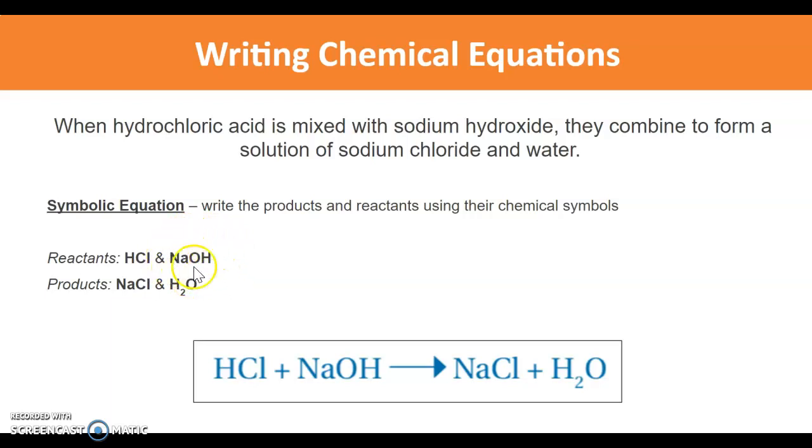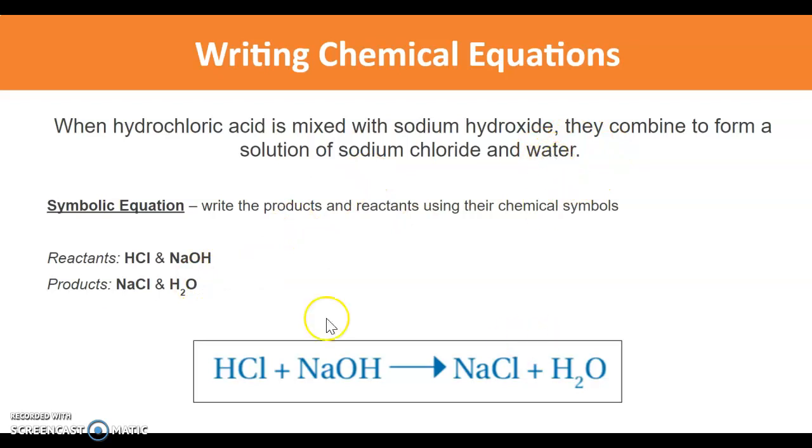Again, sodium hydroxide, a base, is a lot of the time just written as NaOH, and that's because the charges here are equal opposites. Same as HCl, very similar to ionic bonding. You will see that the charges are positive one on the hydrogen and negative one on the chlorine, which means that they're a really good fit for each other. So they are forming an ionic compound, which is sodium chloride, and water.